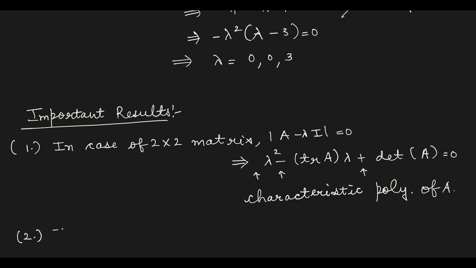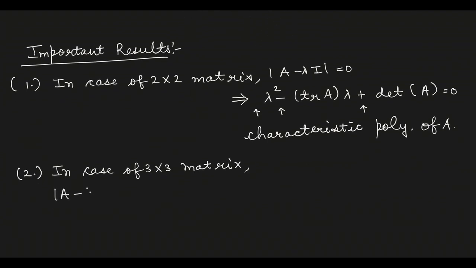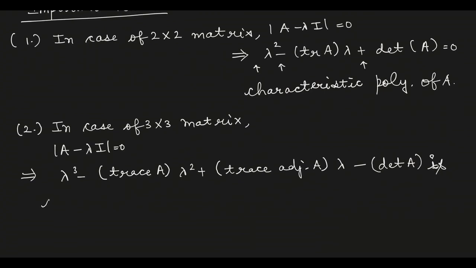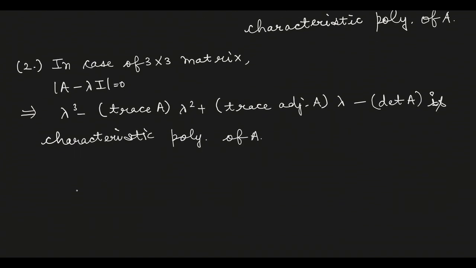And for 3 cross 3 also, lambda cube minus trace of matrix A lambda square plus trace of adjoint of A lambda minus determinant of A is the characteristic polynomial of A.